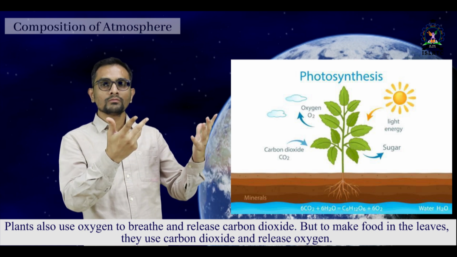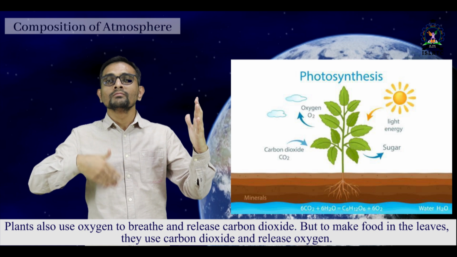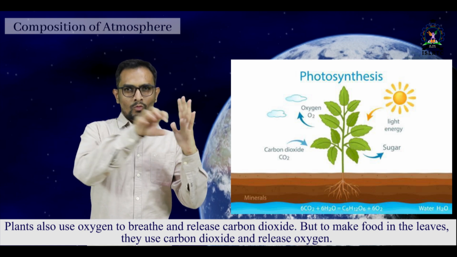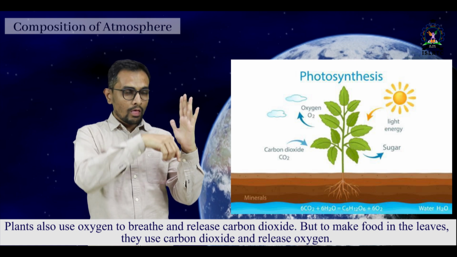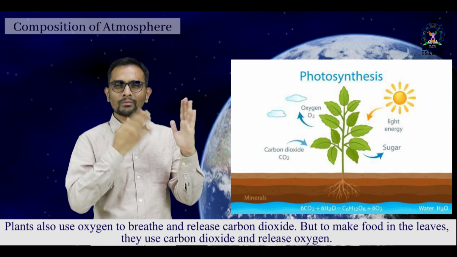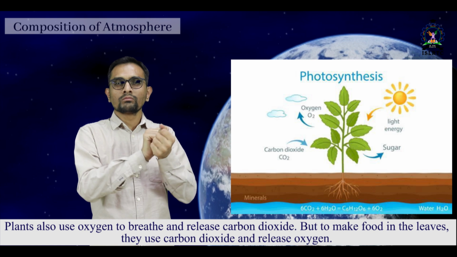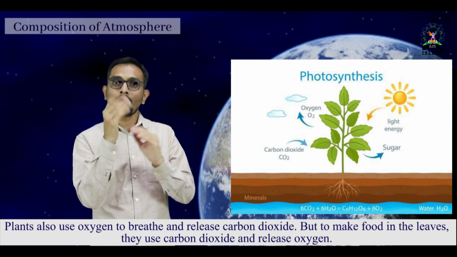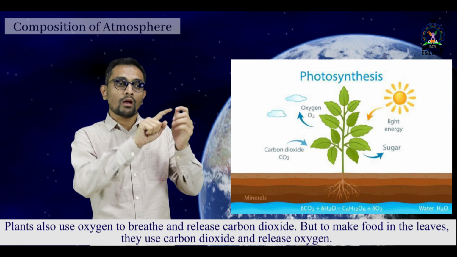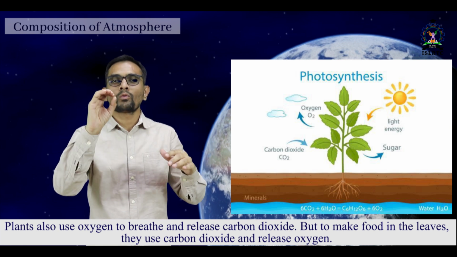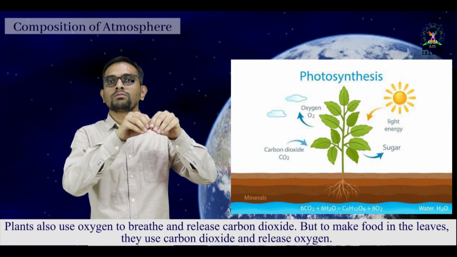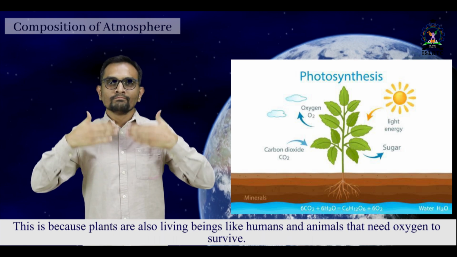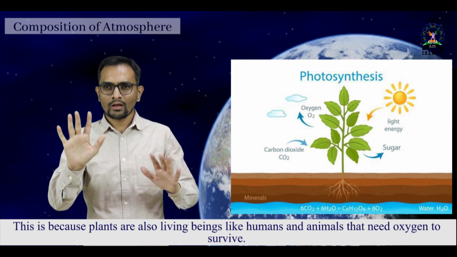Plants also use oxygen to breathe and release carbon dioxide. But to make food in the leaves, they use carbon dioxide and release oxygen. This is because plants are also living beings.